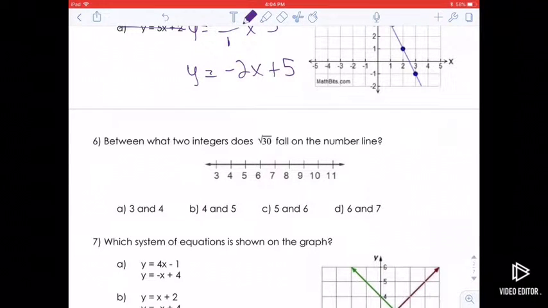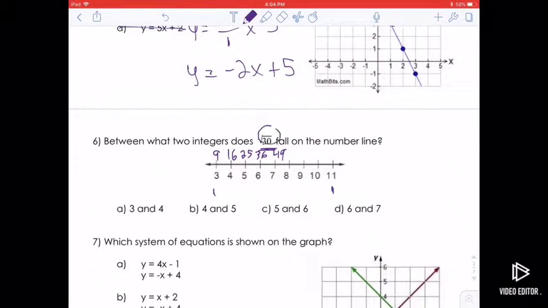Finding out what two integers the square root of 30 falls between. We're going to find out what our perfect squares are from here. So my number line, yes, it has from 3 to 11, but I'm really looking at what 3 squared is. So 3 squared is 9, 4 squared 16, 5 squared 25, 6 squared 36, 7 squared 49, and so on.